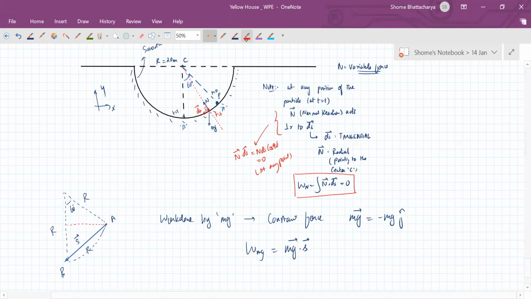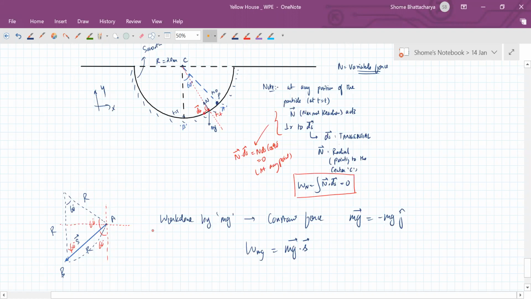And the angle it will be making will be such that you can see that this angle is 60 degrees.